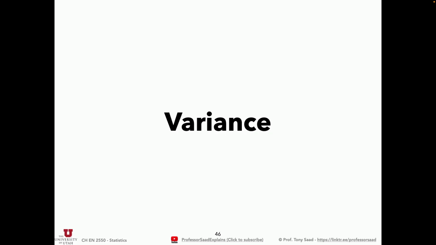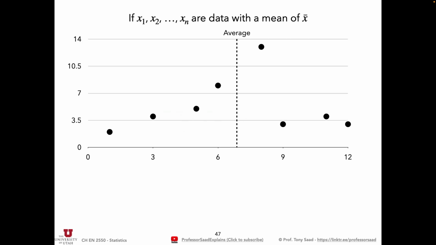I want to continue where we left off last time. Variance, just a very quick reminder of what we were trying to measure. With numerical descriptions of data, we started by asking, what is the center of the data? First, we looked at mean, median, and mode.